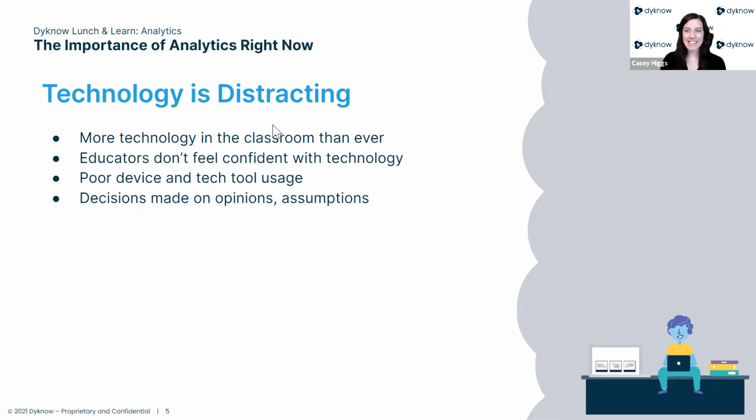So with remote learning, this is even worse now, right? Or it can be. With teachers not physically in the same place as their students, they certainly can't see what their students are doing on those devices. And again, that lack of confidence and trust in technology results in poor usage of devices and other technology in the classroom.